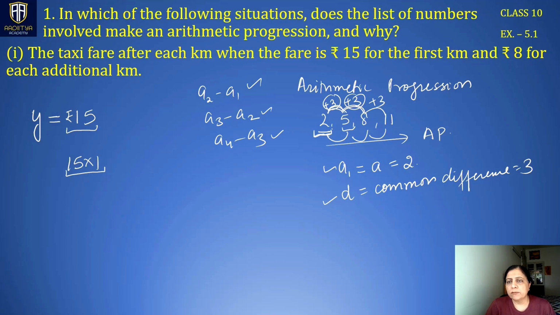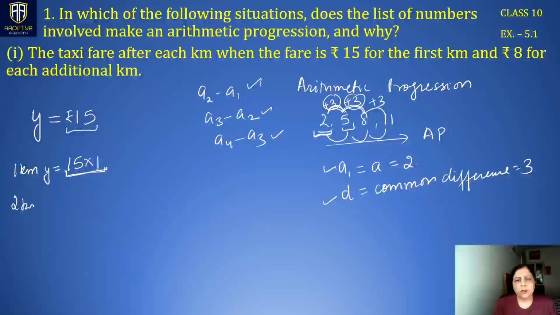So if we have to check whether it is an AP or not, first of all, we have to take the values of the first 4 terms. Like for 1 kilometer, your cost is 15 only.